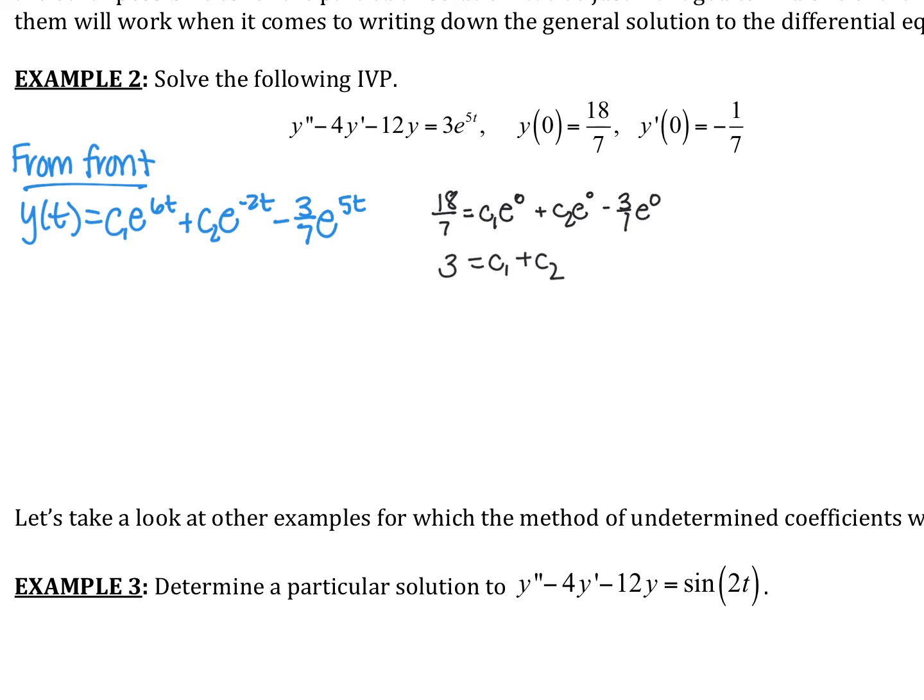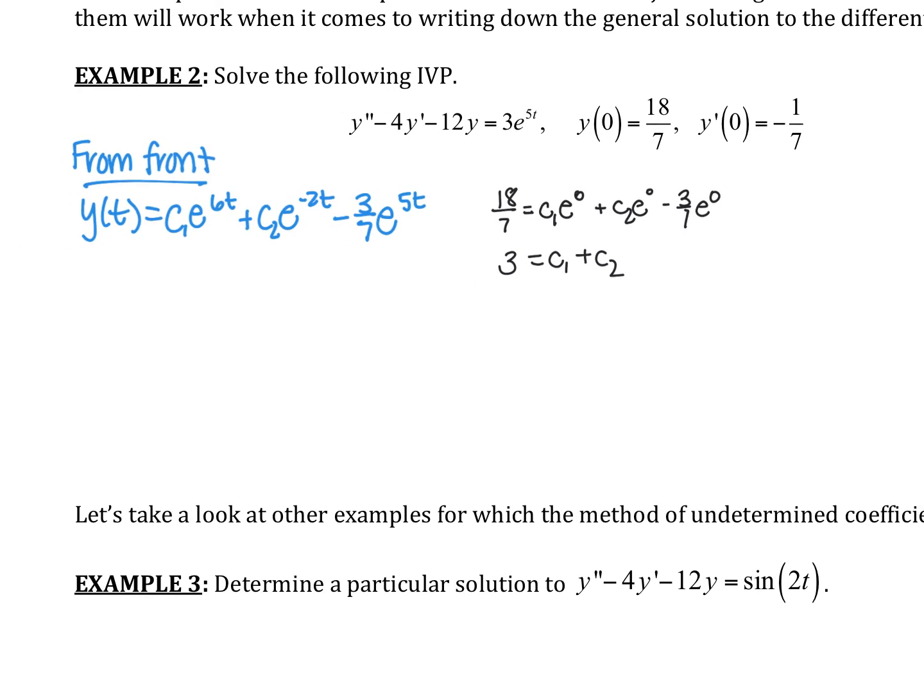All right, now let's take the derivative. If we take the derivative y prime, what do we get? With the chain rule, we get 6c1 e to the 6t minus 2c2 e to the negative 2t minus 15/7 e to the 5t.